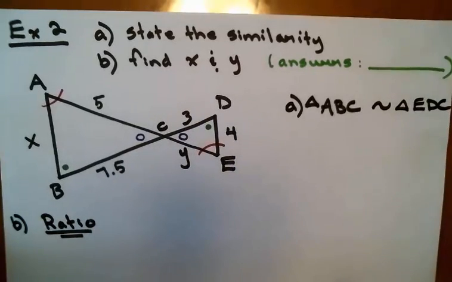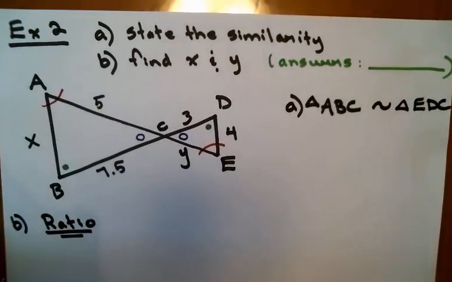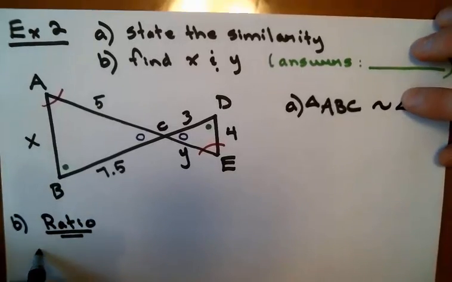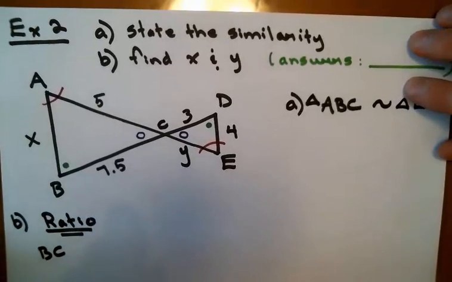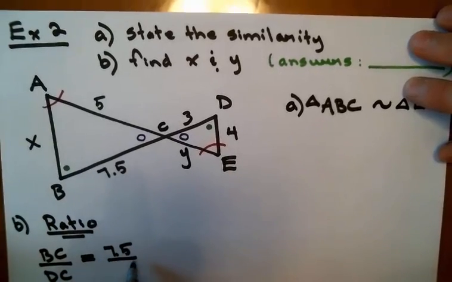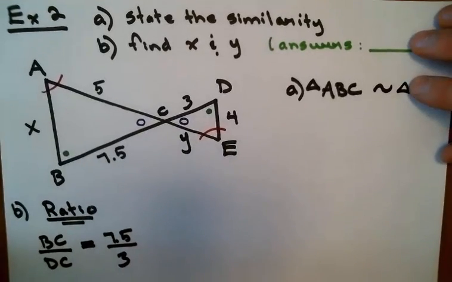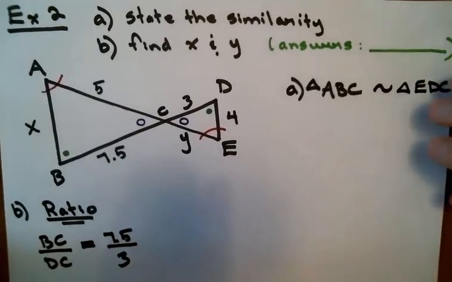So that's how you're going to find this triangle's ratio. You're going to say that BC over DC is 7.5 over 3. Okay, and then we can leave that like that.